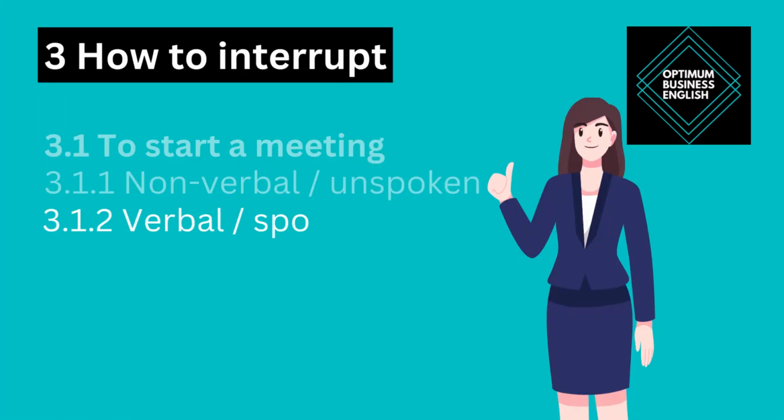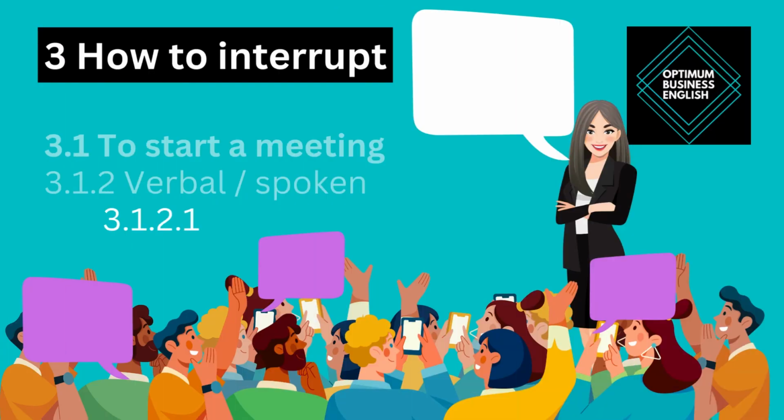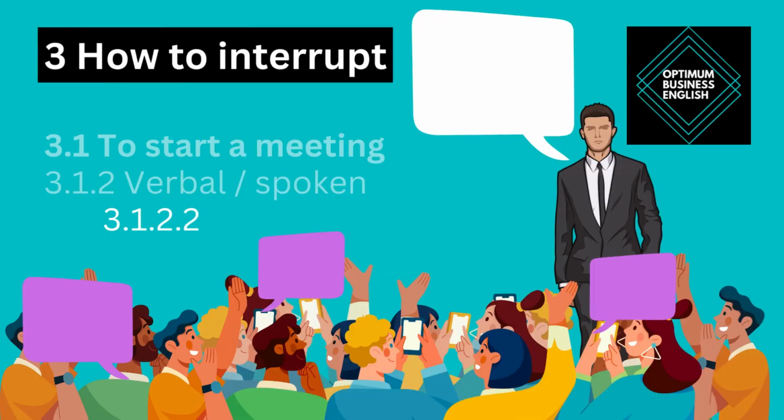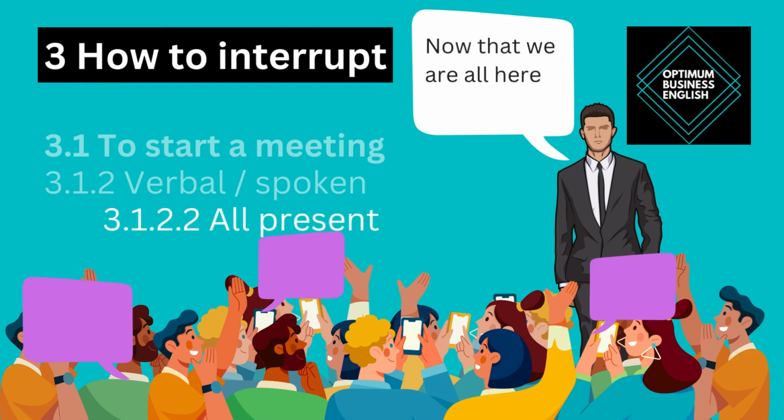Let us now take a look at the verbal or spoken ways of interrupting your audience to start your meeting. The first would be to thank them for coming by saying something like, "Thank you all for coming today," or to look around before saying, "Now that we are all here, we can begin."